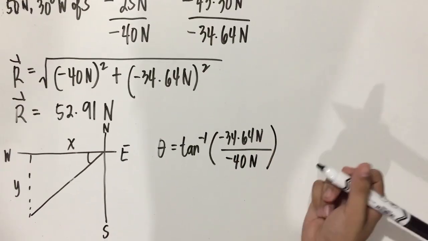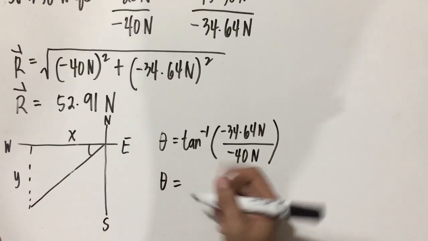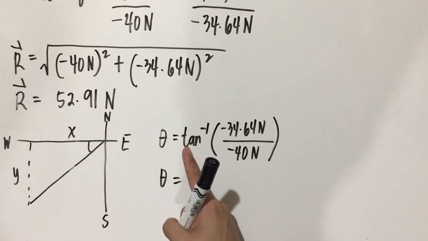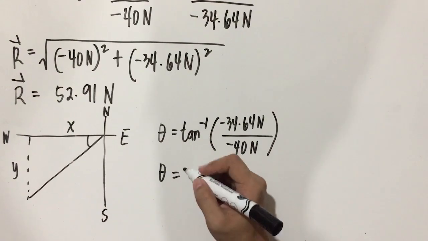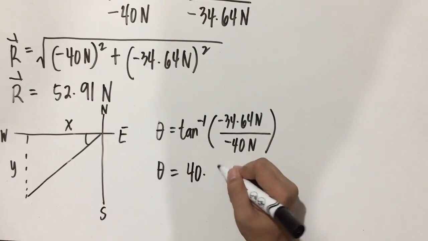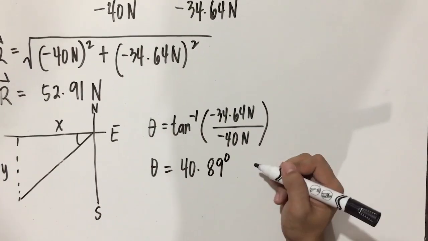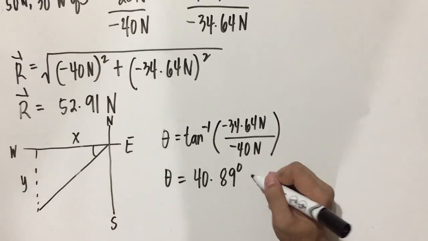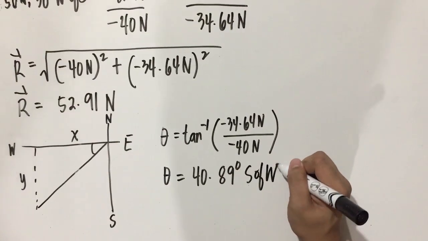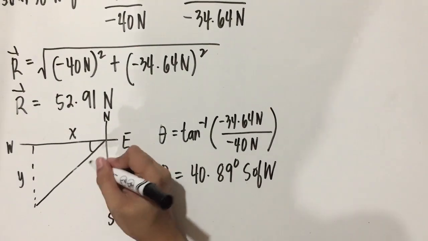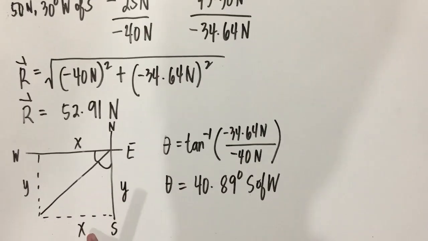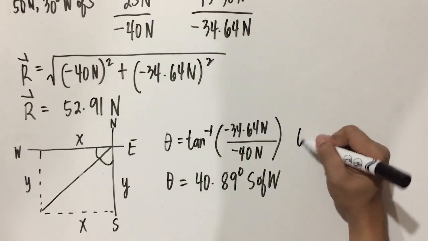You do the operation and take the arctan. So you have 40.89 degrees, and the direction of that is south of west. Now, for the other side of the third quadrant, x and y, opposite over adjacent.